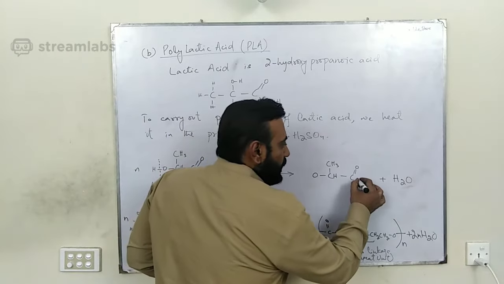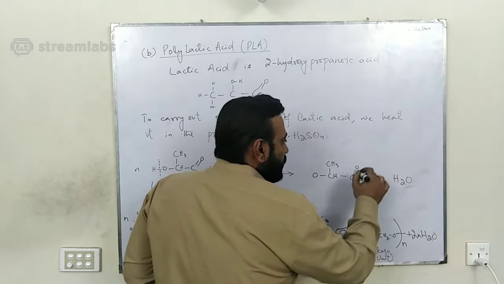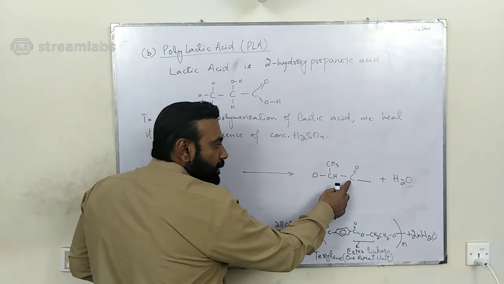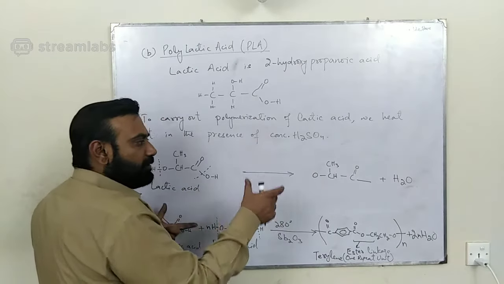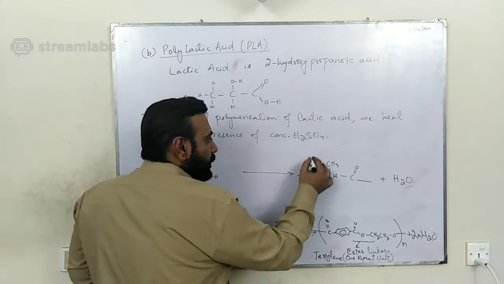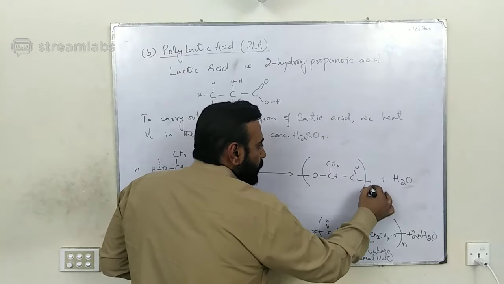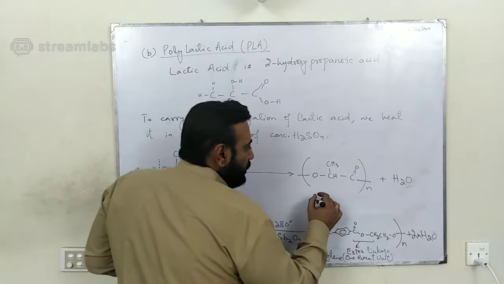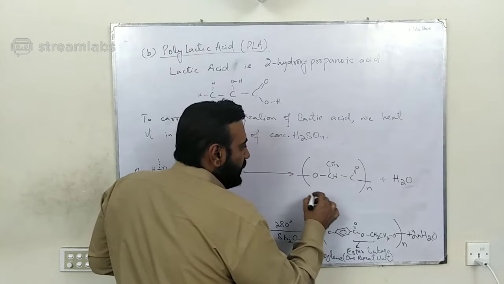It will form a bond with that and will continue to proceed on this side, and this oxygen will form a bond with a carbon like this, which will be coming from another structure right behind it, and this will be continued for n number of times. So this is one repeat unit of polylactic acid.